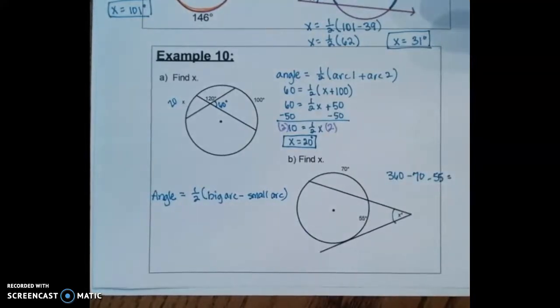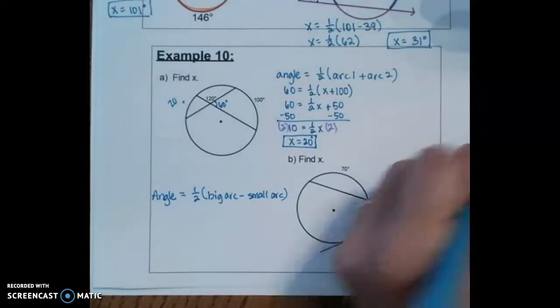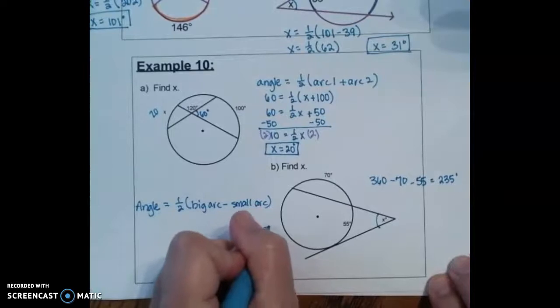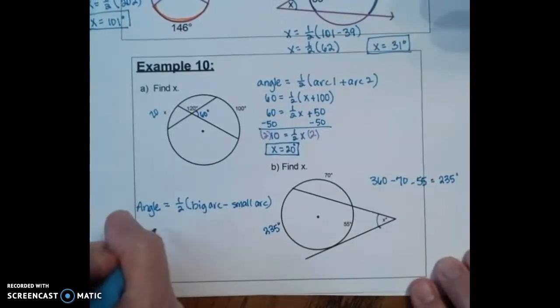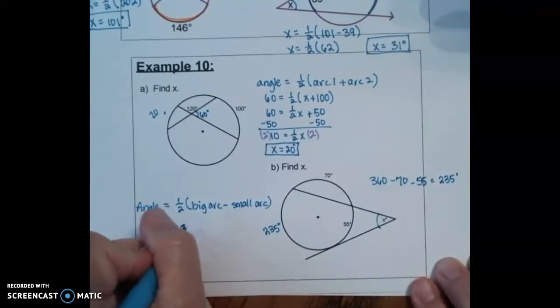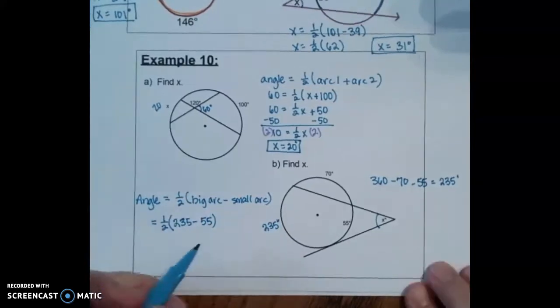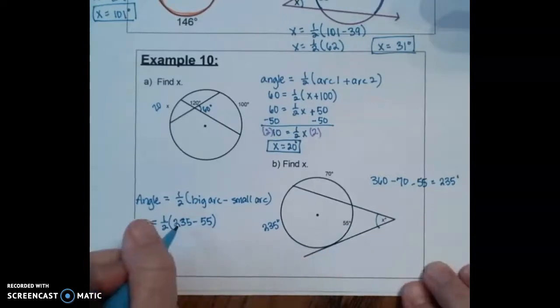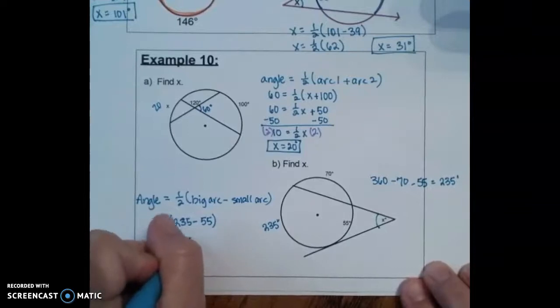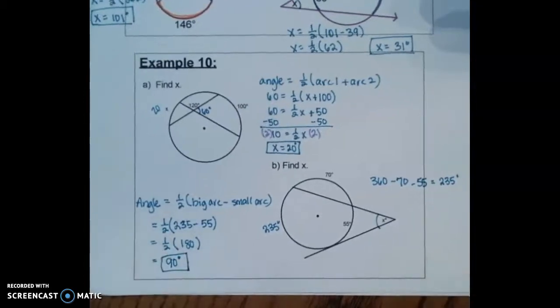So when we do that, 360 minus 70 minus 55 gives us 235 degrees for the big arc. So then to find my angle, I'm going to say 1/2 of big arc minus small arc. So again, big arc minus small arc, 235 minus 55. So that's going to give us 180. And half of 180 is going to be 90 degrees.